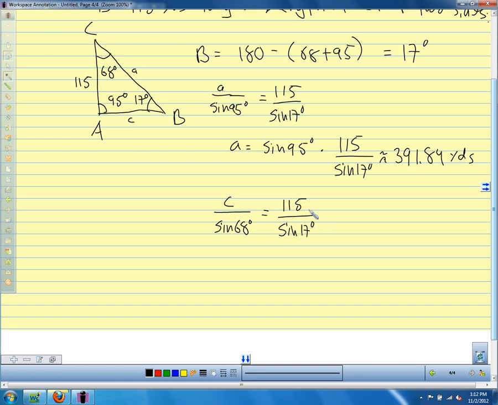We've already calculated that, so if you calculate that once, you could have it in your calculator, you could have it written down. C, multiply both sides by sine of 68 times 115 over sine of 17 degrees. Plug that all in and calculate, and I get about 364.96 yards.